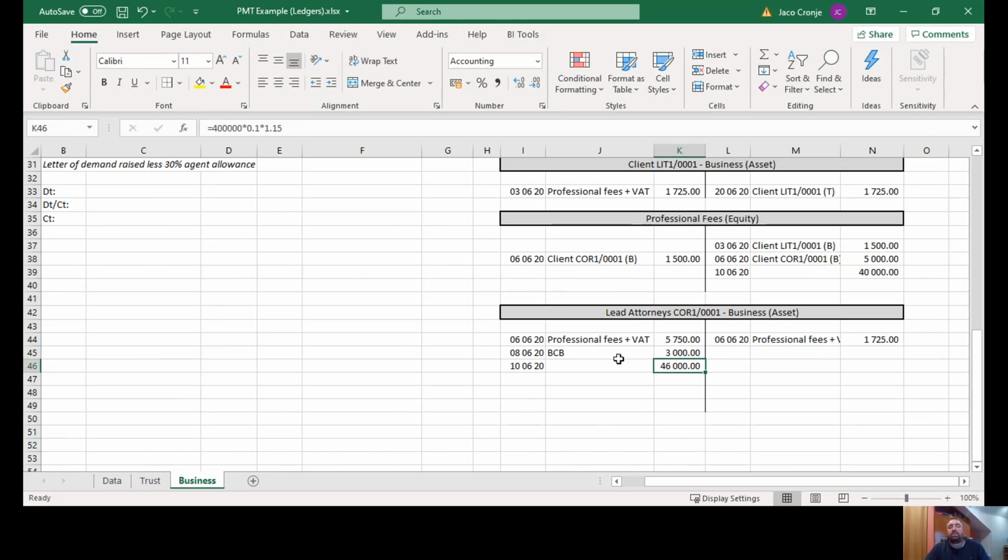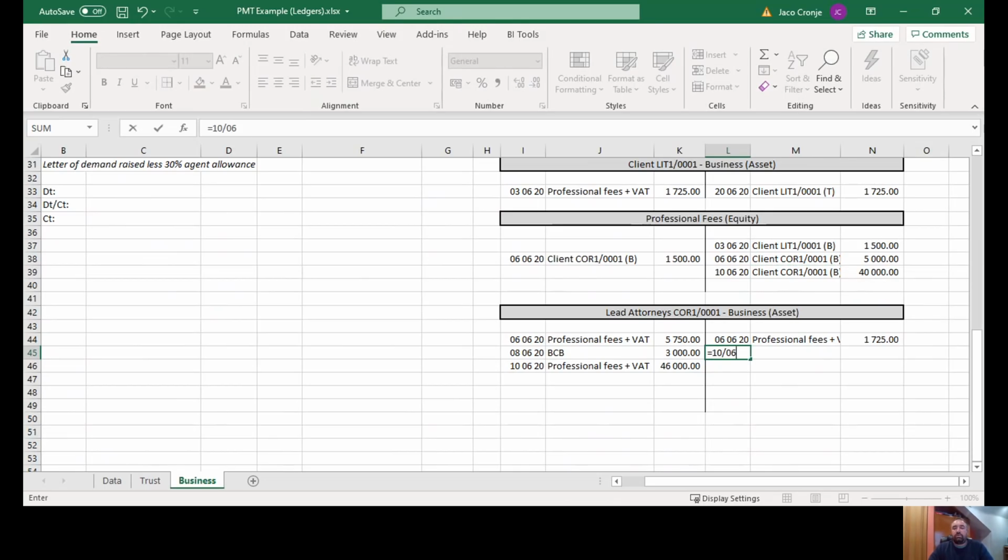But now I need to again take into account that these guys are allowed 30% of whatever my fees are. So on that fee they get 30%. On my disbursement, no. But on this one, yes. So I have to throw this whole journal in reverse to the value of 30%.